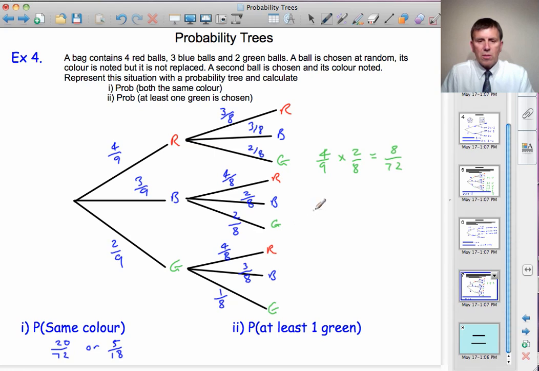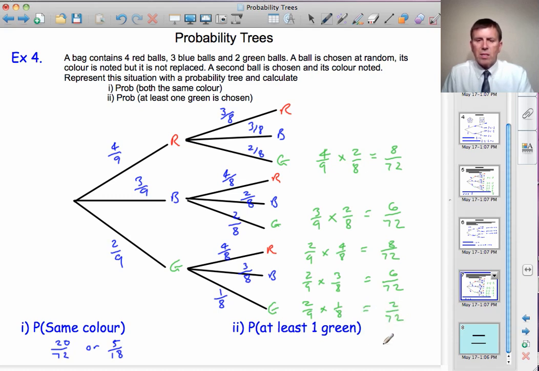This one here is 3/9 multiplied by 2/8, which is 6/72. And then these 3 down here, 2/9 multiplied by 4/8 is 8/72. 2/9 multiplied by 3/8 is 6/72. And finally 2/9 multiplied by 1/8 is 2/72.